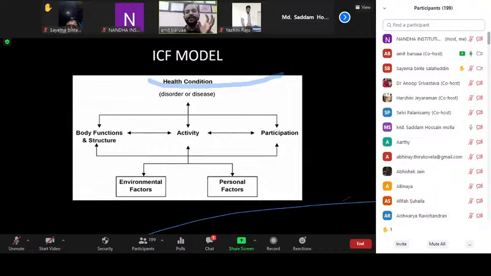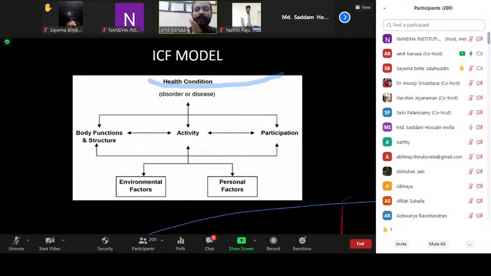Imagine I have a femur fracture. In the disorder or disease I write femur fracture, in body function and structure I write the particular thing, the femur fracture, and then we go toward activity and participation.